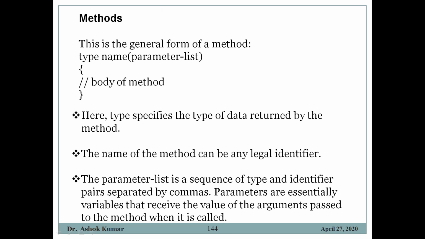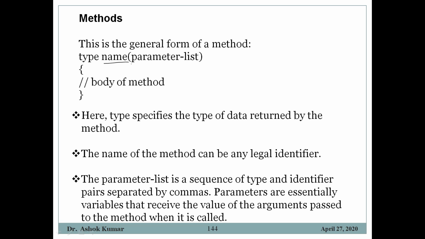Whenever you want to write a method, there should be a method name, and this name should follow the rules of identifiers. There can be a return type of the method. Return types of data we have already discussed. A method can return any fundamental type like integer, float, double, right? Or it can return objects or instances as well.